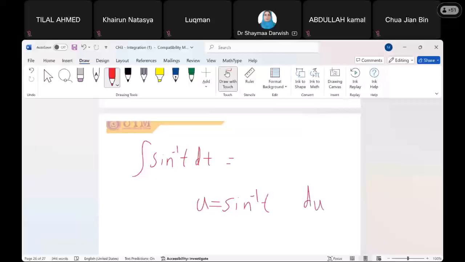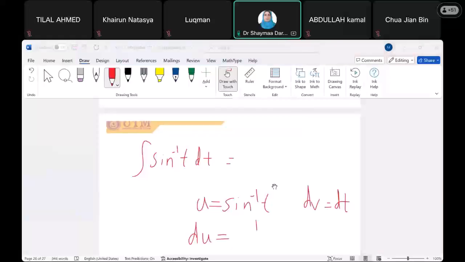Take dv equal to dt. Then du is the derivative of sine inverse t. So we need to go back to the formula for sine inverse t and check its derivative. The derivative of sine inverse t is 1 over square root of 1 minus t squared.